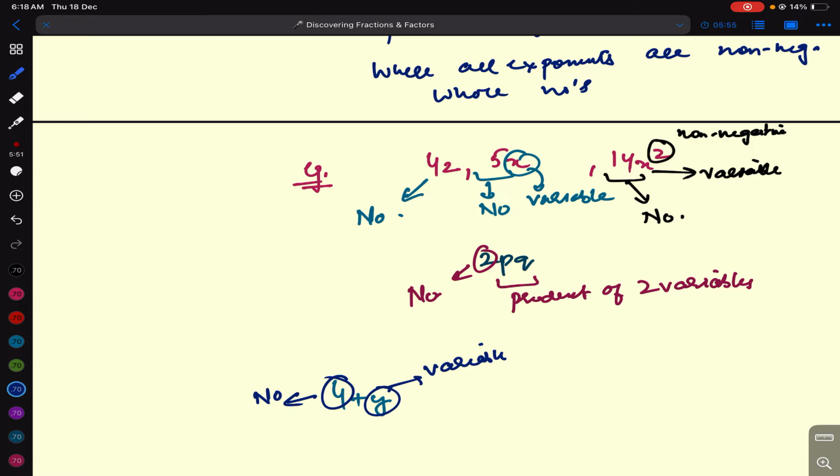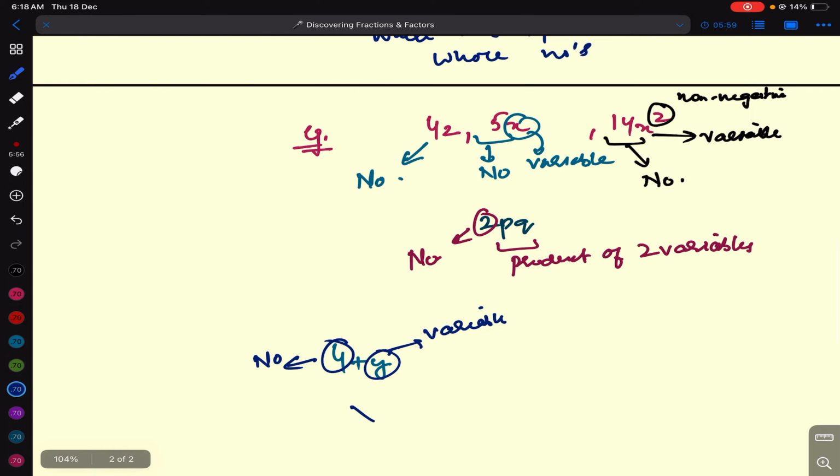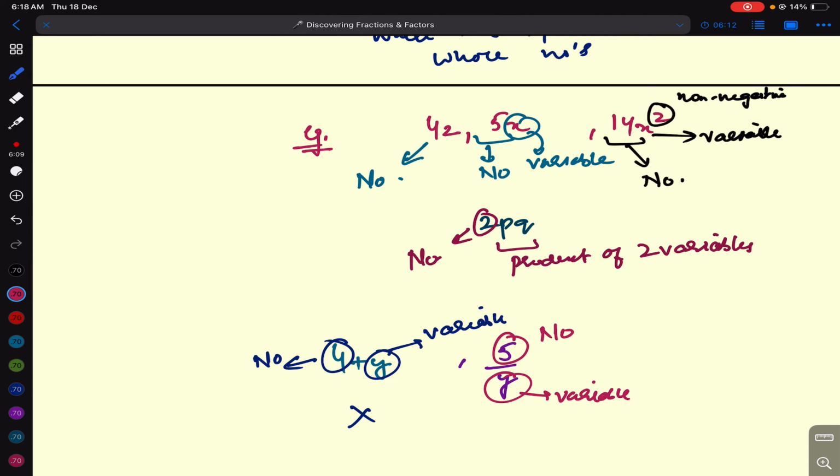But there is no product in between them. Rather, we have addition between them. So this is not the case of a monomial. Similarly, if we have 5 over y, here we do have a number and a variable, but rather than having the product between them, we have a division. So this is also not a monomial.